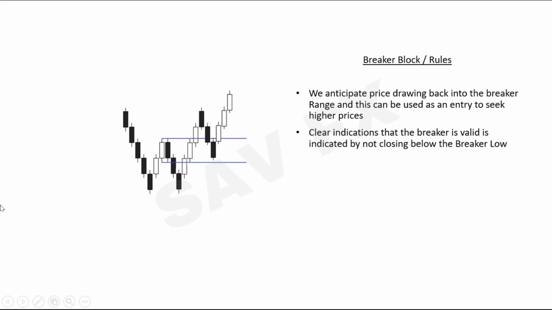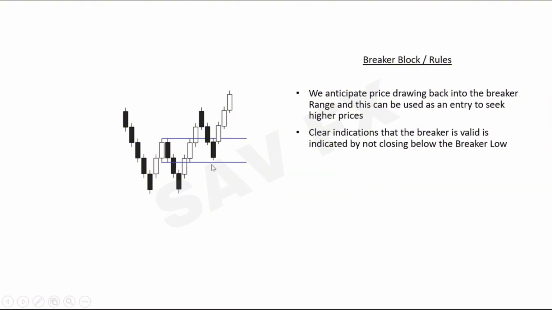The simple rule required to identify if a breaker block is being respected is that price should not close below the low. As soon as price is retesting the low of the breaker, it can wick out, meaning there can be wicks outside the low of the breaker candle. But it should not close below the low.